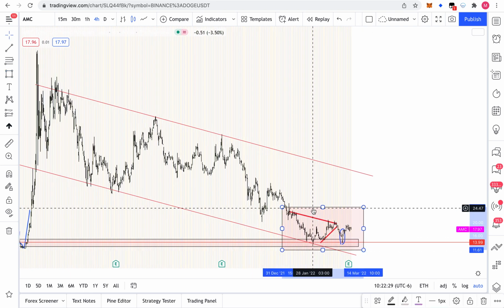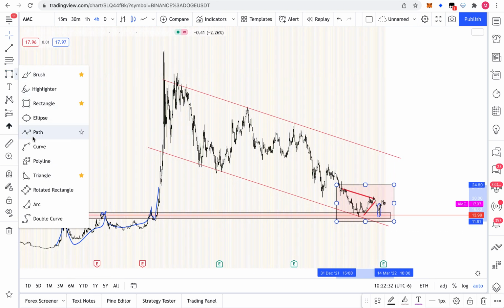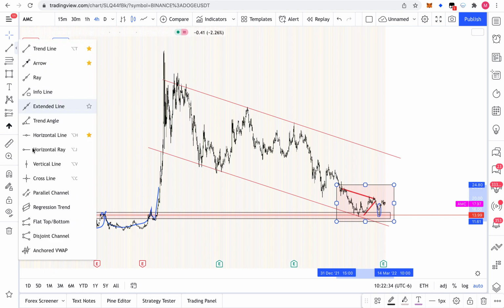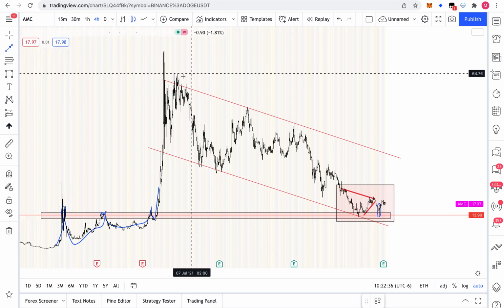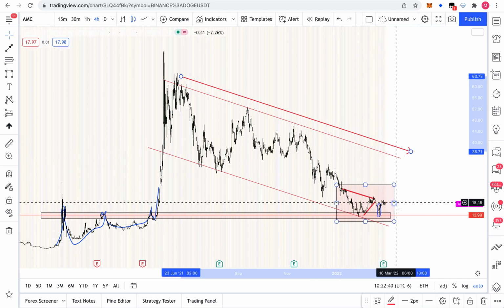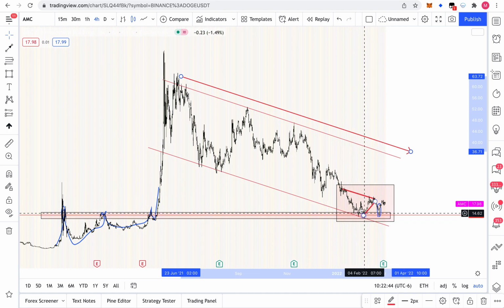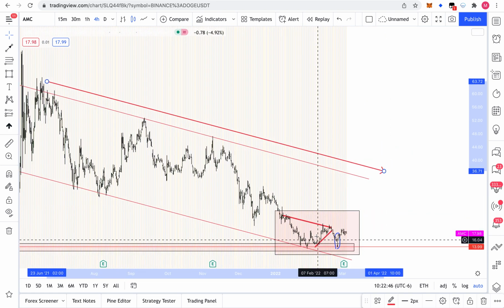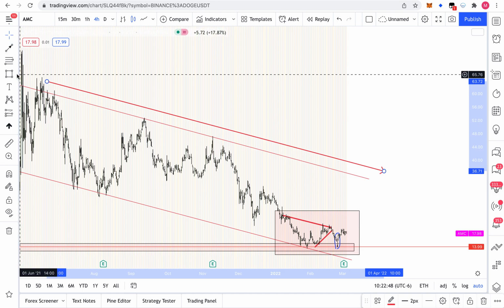And this looks like a pretty obvious trend line, at least to me, or a pretty obvious trend. I wouldn't think that the trend is just going to keep dipping and dipping, especially after this signature trade that just played out right here.